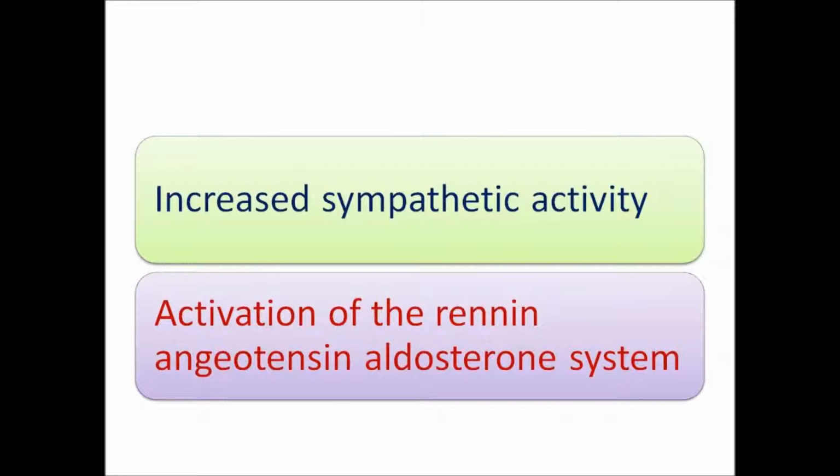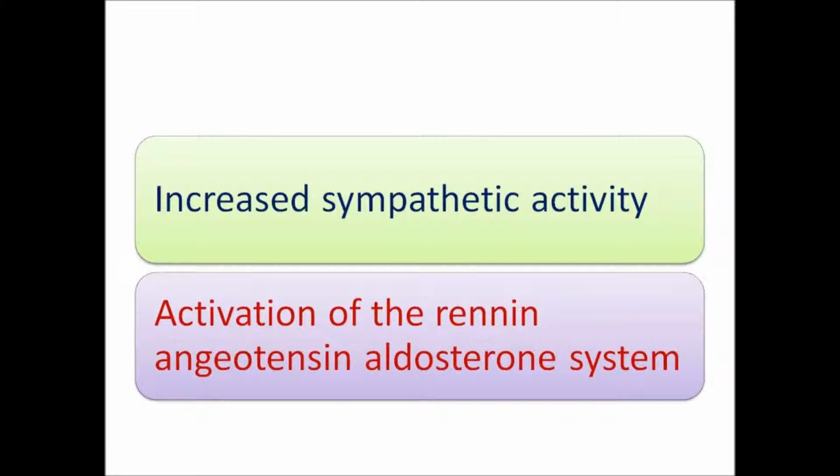The renin will convert a plasma protein called angiotensinogen into angiotensin 1. Angiotensin 1 circulates throughout the circulatory system, and when it reaches the lungs, it will be converted into angiotensin 2 by angiotensin converting enzyme.